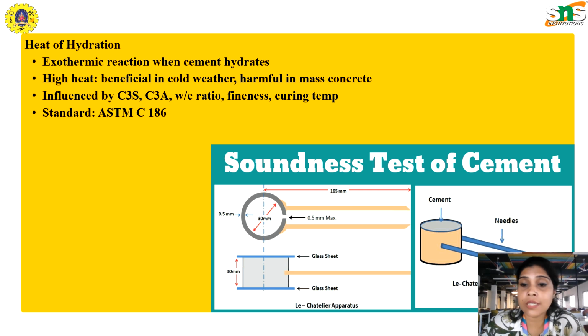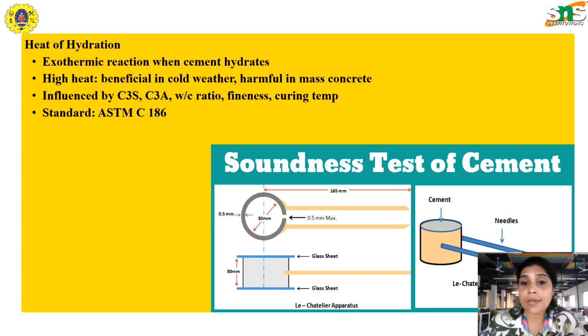And here comes the heat of hydration. It is an exothermic reaction. When cement reacts with water, the chemical process called hydration begins. This reaction is exothermic, meaning it releases heat. The total amount of heat released is called the heat of hydration.